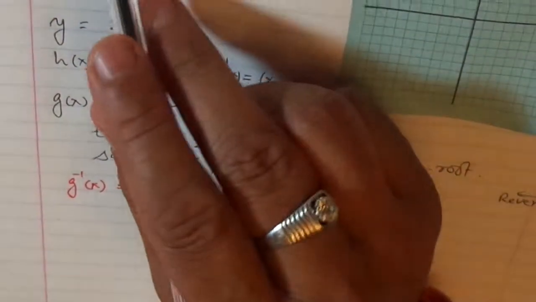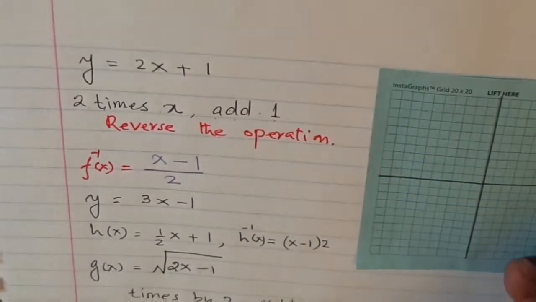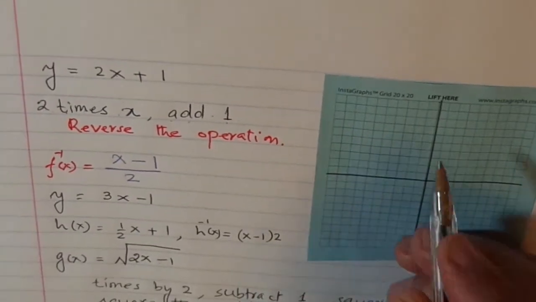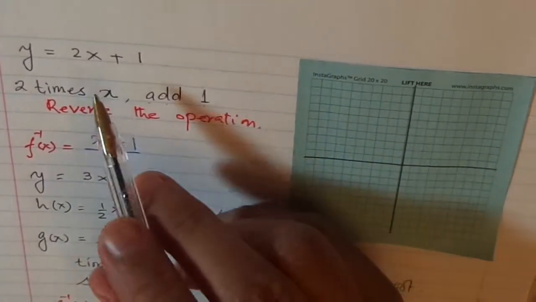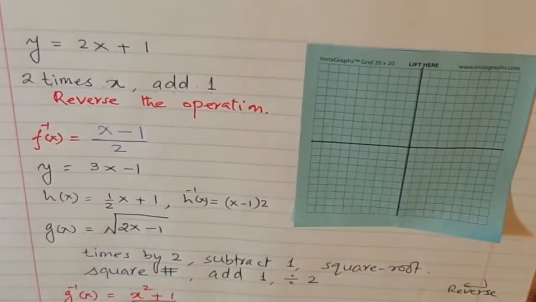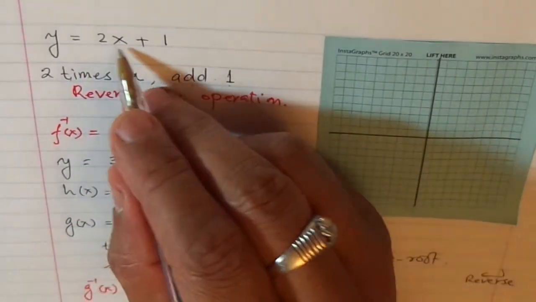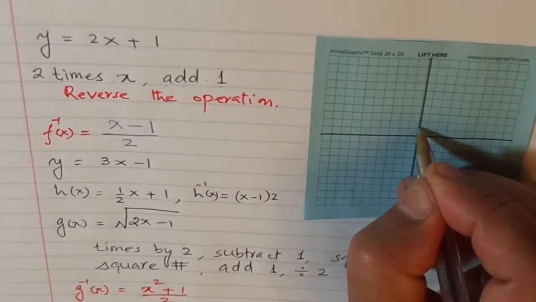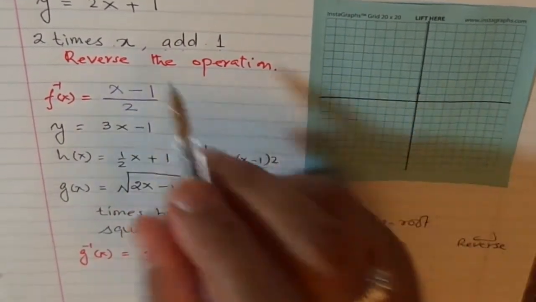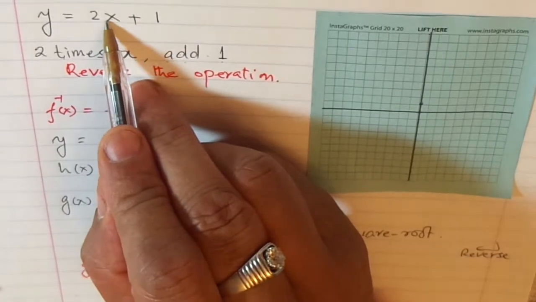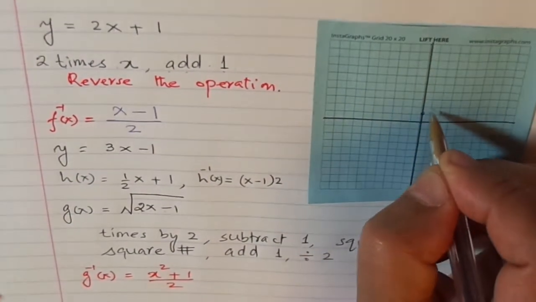Let's again consider this function y equals 2x plus 1 and see it on a graph. On a graph, we'll use these coordinate values. If x is 0, then y is 1. If x is 1, 1 times 2 is 2, 2 plus 1 is 3. So for 1, we get 3.